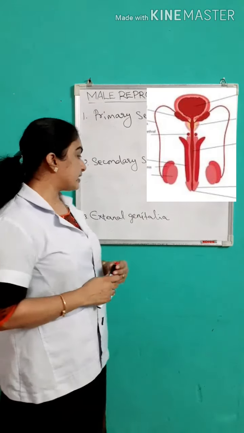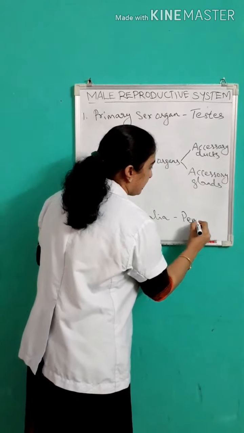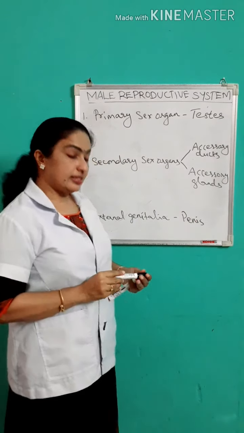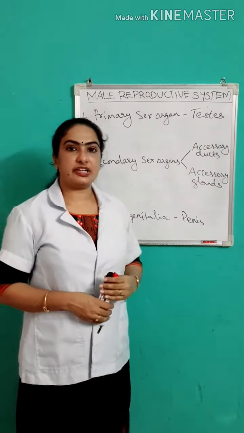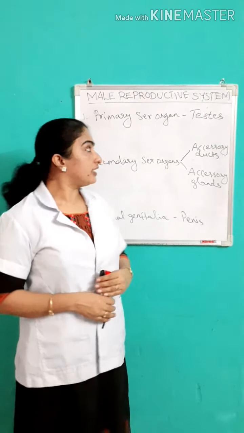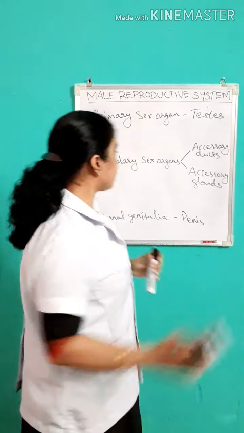And the third, external genitalia, which is the penis. These are the organs or parts of the male reproductive system. And now we can see the primary sex organ, testis, in detail.